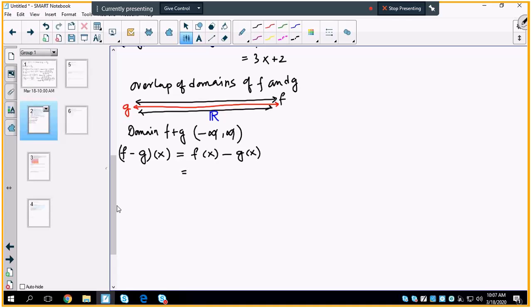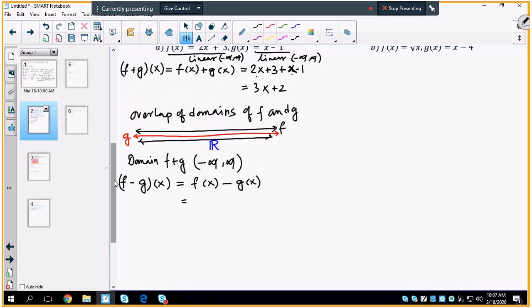As I can recall, your f(x) is equal to 2x plus 3. Because you are subtracting now, put your g(x), the entire explicit form, inside parentheses so that we don't forget to distribute the minus sign. Remember, your g(x) was x minus 1.